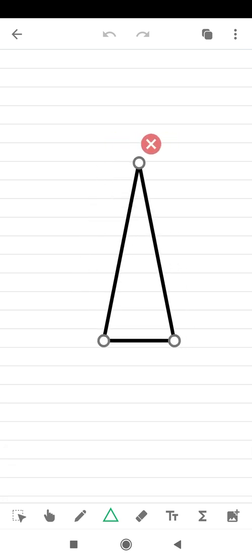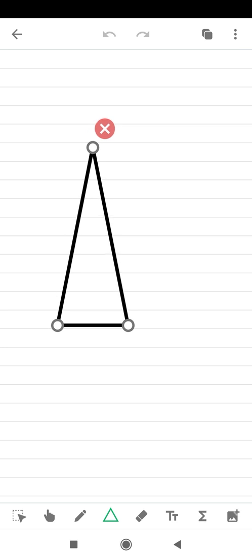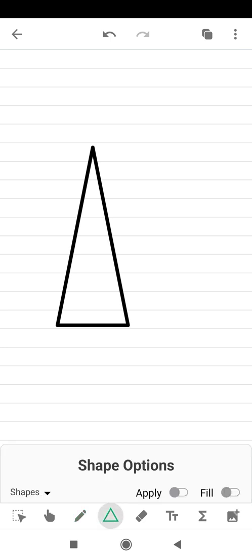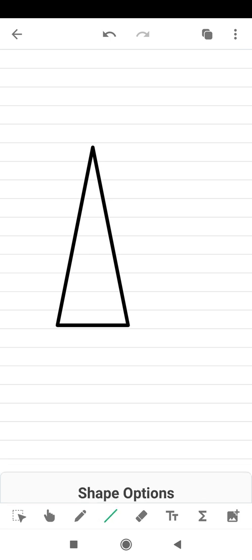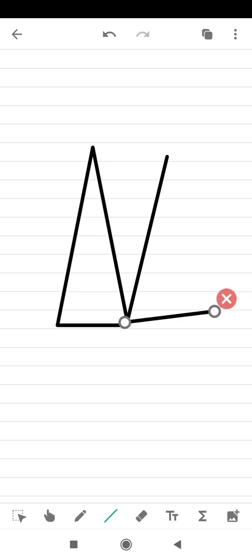After drawing the triangle, let me draw one more line here, and again one more line here. Now, how many of you can believe that corresponding angles are applicable here?